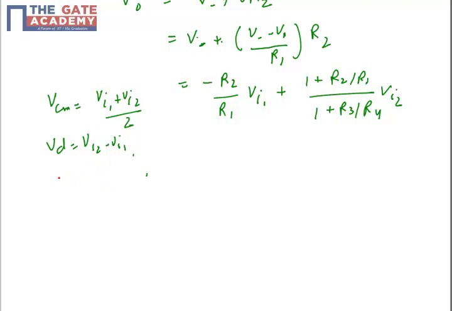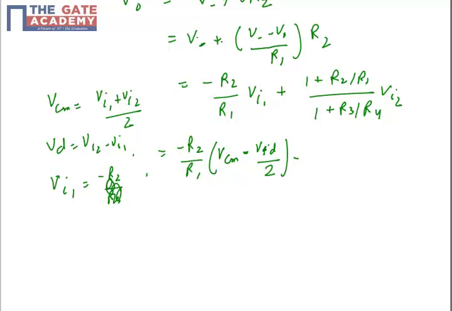By combining these two equations you can get VI1 equal to VCM minus VD by 2, and VI2 equal to VCM plus VD by 2. Putting these in, V0 equals minus R2 by R1 times (VCM minus VD by 2) plus (1 plus R2 by R1) upon (1 plus R3 by R4) times (VCM plus VD by 2).